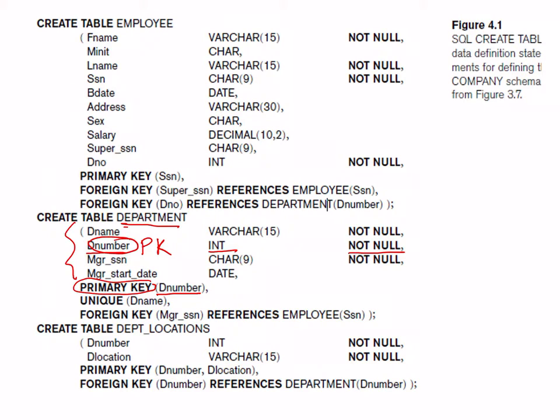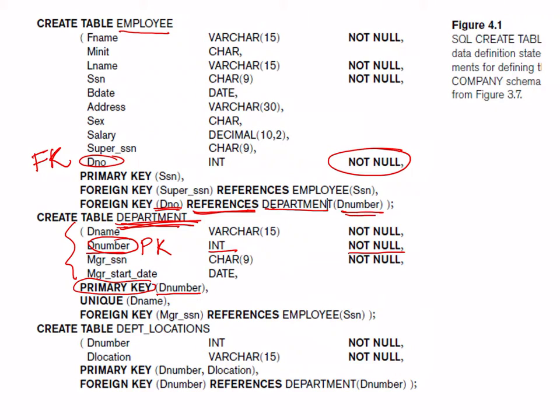And now let's go back to the employee table. So I have a foreign key as D number. This D number, which has been mentioned as not null, is a foreign key, and it has references to the department table. So where is my department table? The department table is here.